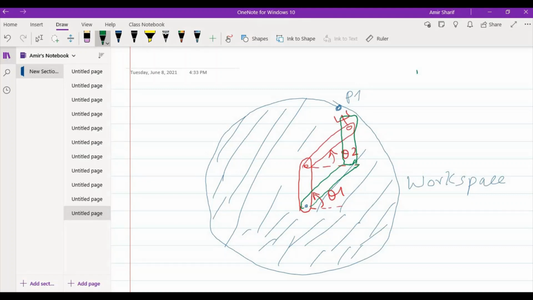So if you see your configuration space of a two-dimensional, two-link robot, theta 1, theta 2, remember that any point can have multiple configurations. For example, a point here can be reached when theta 1 has a specific value and theta 2 has a specific value.